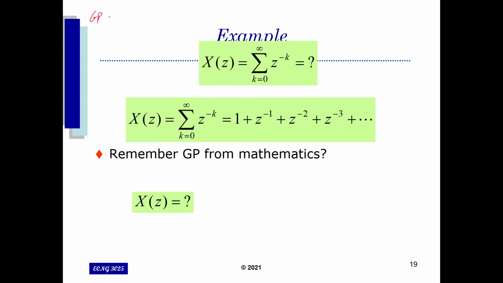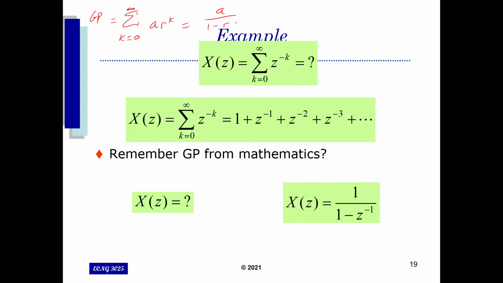We'll say GP here is equal to the summation between k equals 0 and positive infinity of a times r to the k. This just basically converges to a divided by 1 minus r, where the magnitude of r here is going to be less than 1.